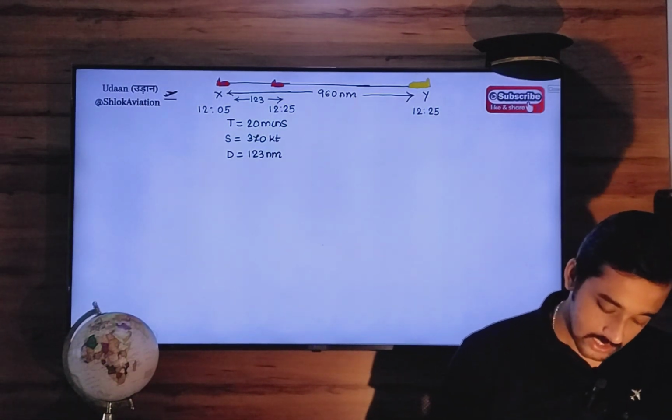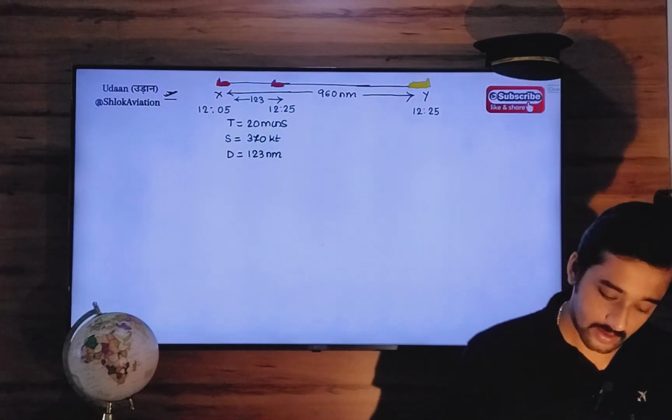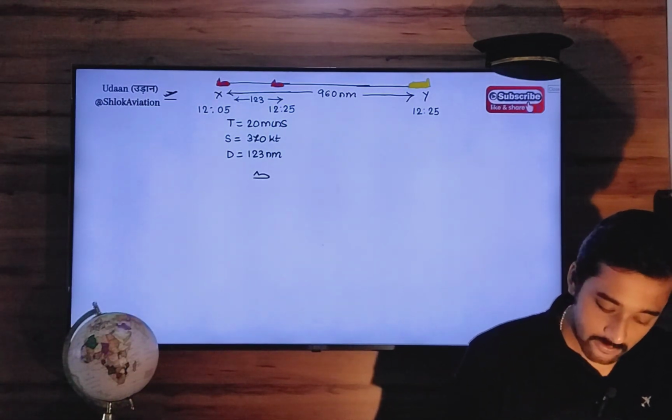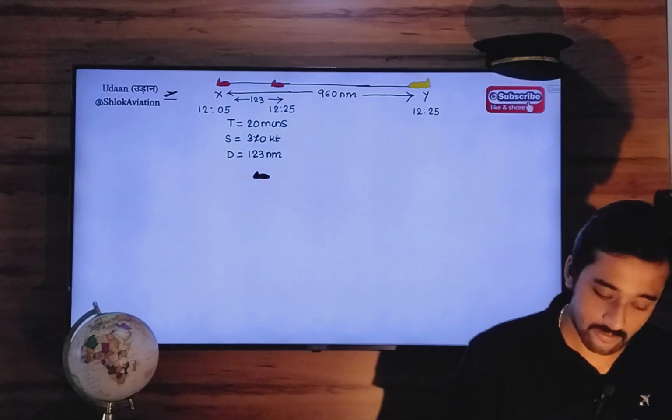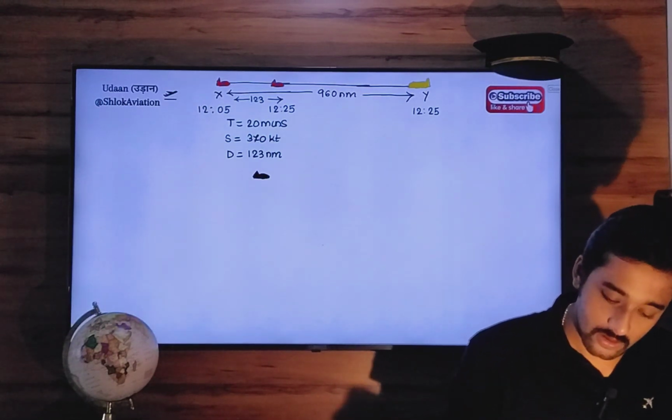So I'm erasing this, or I will draw a new point. Now we will draw a new diagram. So starting from this position, that is at 12:25 to here.